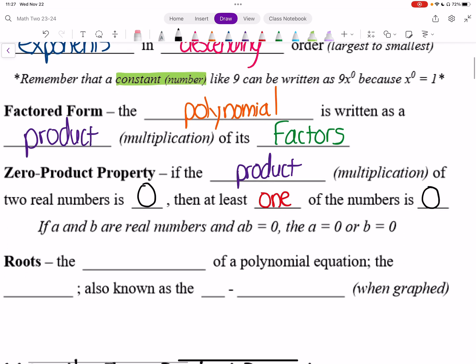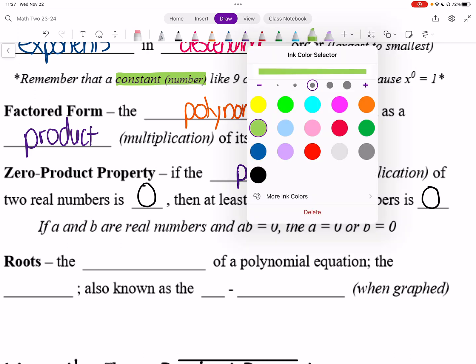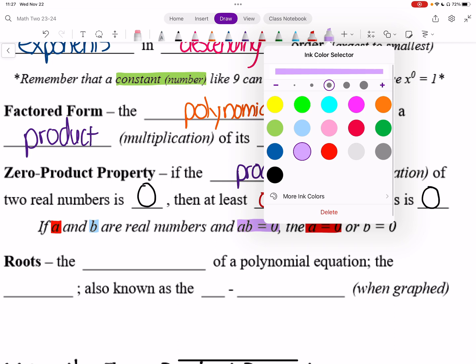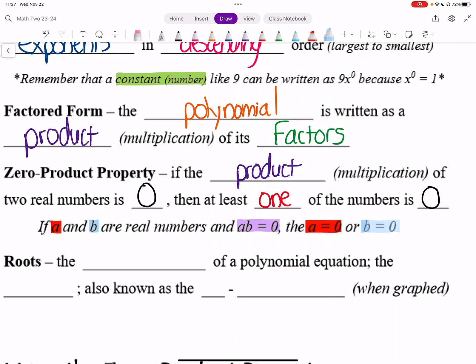Written out a little differently, that means that if we have two numbers, say A and B, and they're both real numbers, which we're only concerned with real numbers in this class anyway, and if after multiplying them together the result is 0, then that means either A equals 0, or B equals 0, or both equal 0.